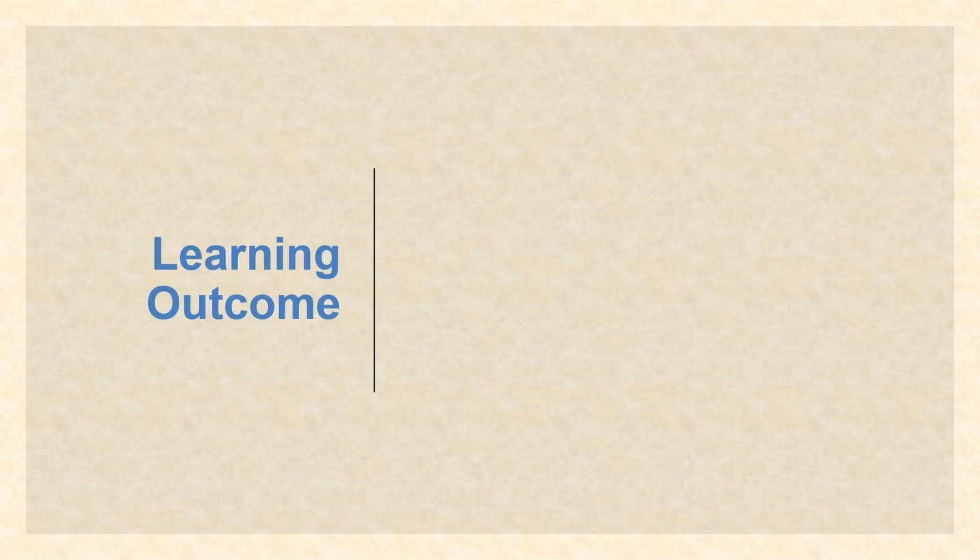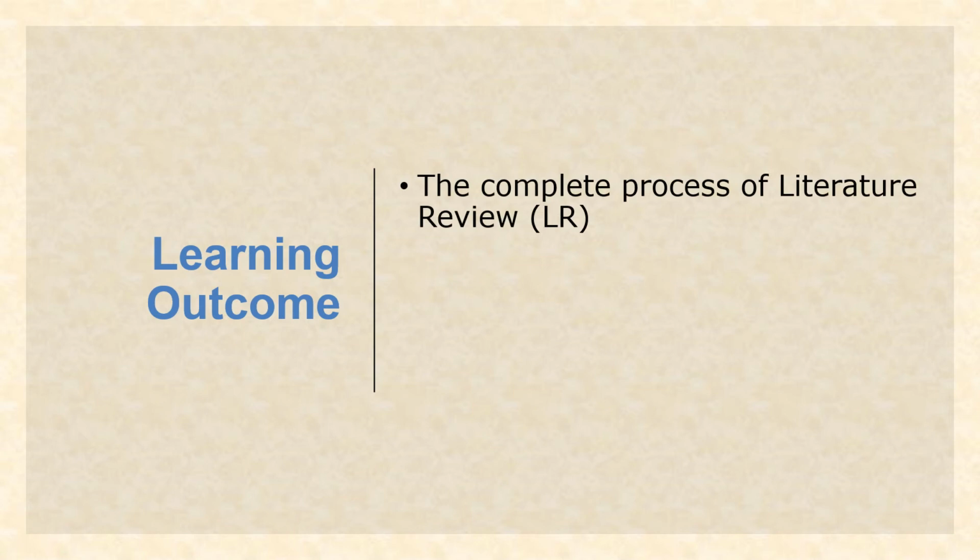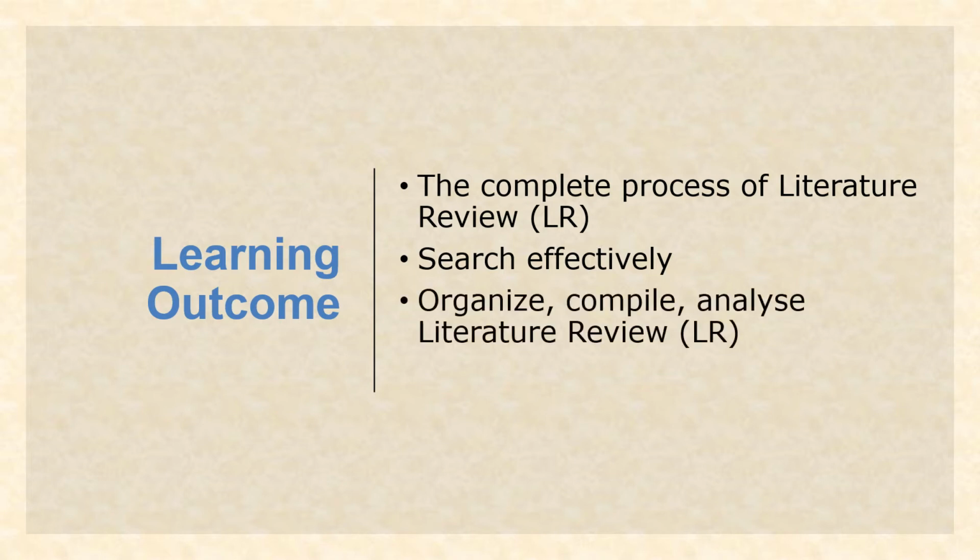After completing this module, you will be able to know the complete process of literature review, how to search effectively, organize, compile, analyze, and finally identify the aim and objectives.